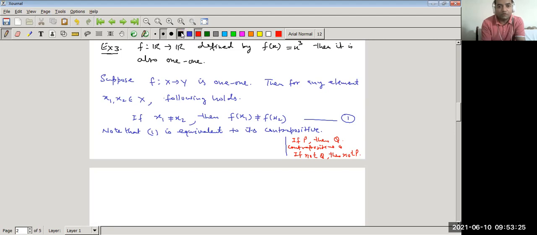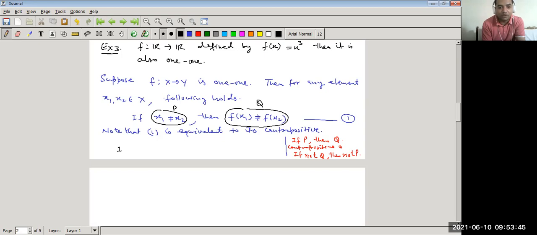So now what is the contrapositive of equation 1? This is P. If P then Q, this is Q. So what is the negation of Q? F of x1 is not equal to f of x2, so the negation means f of x1 is equal to f of x2.